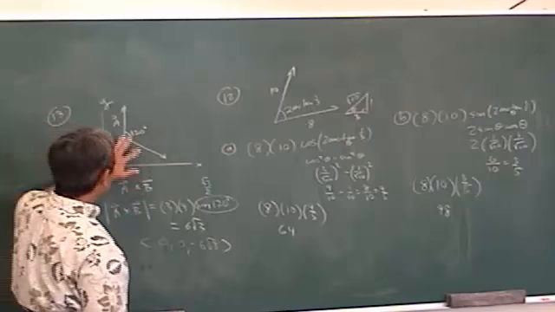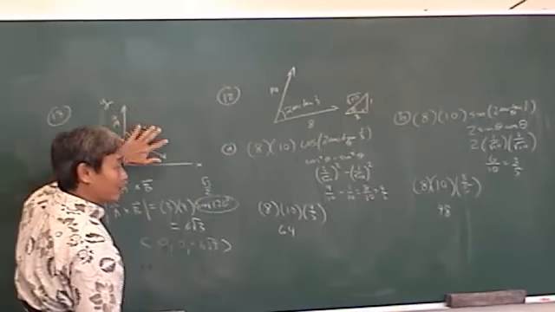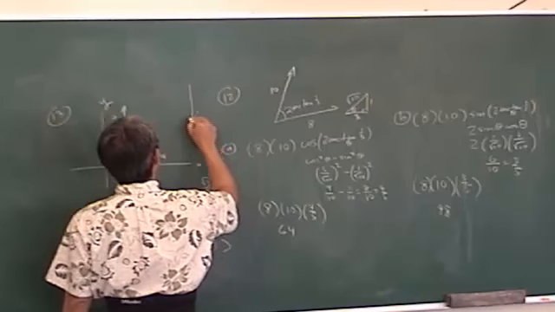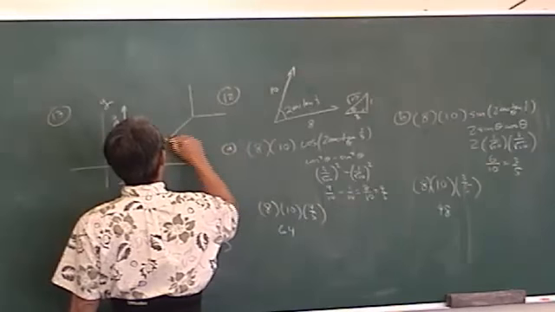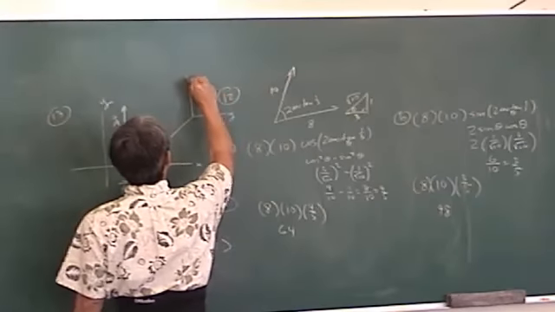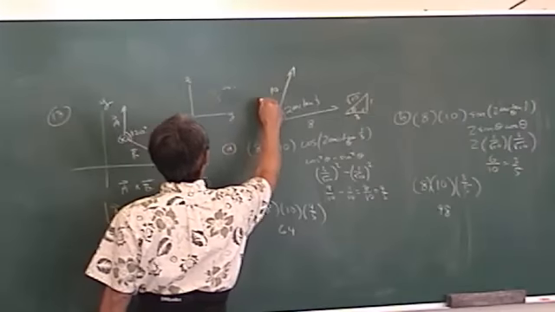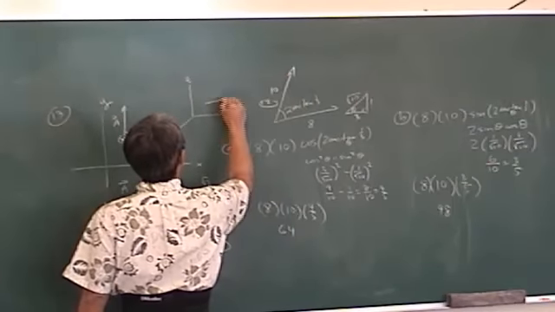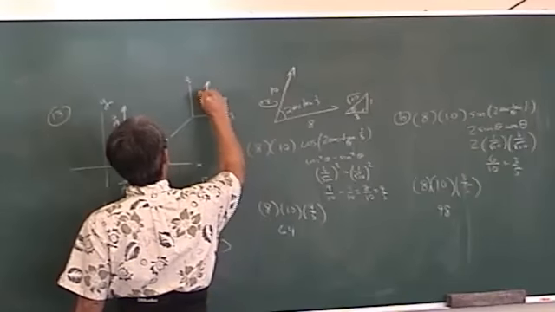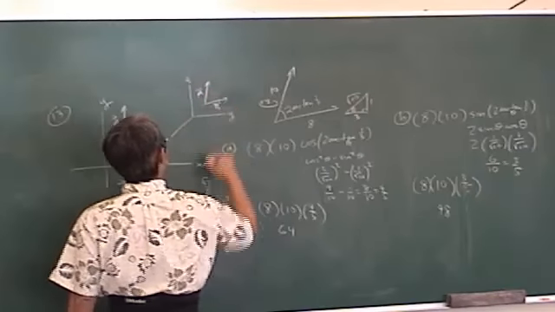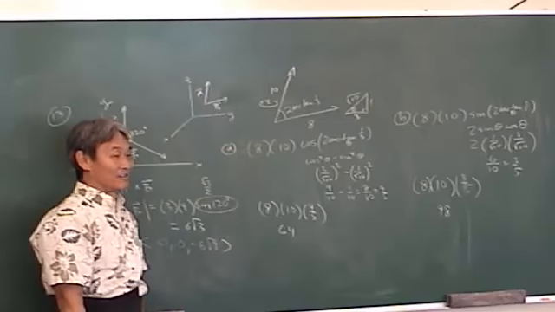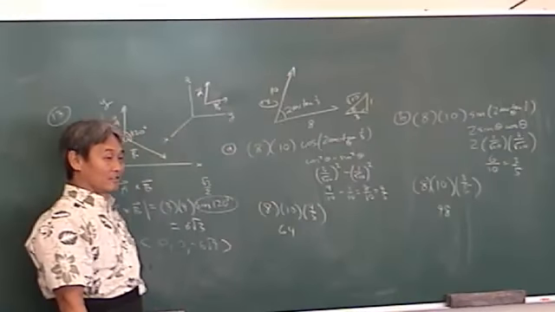See, now notice how I put this vector in the xy plane. What if I drew the same picture like this? It's in the YZ plane now. Is that going to confuse you?